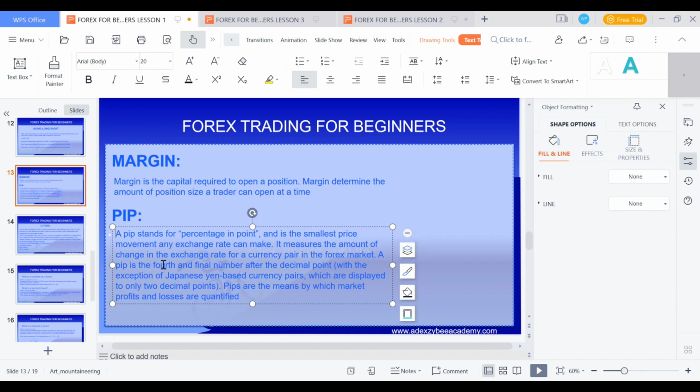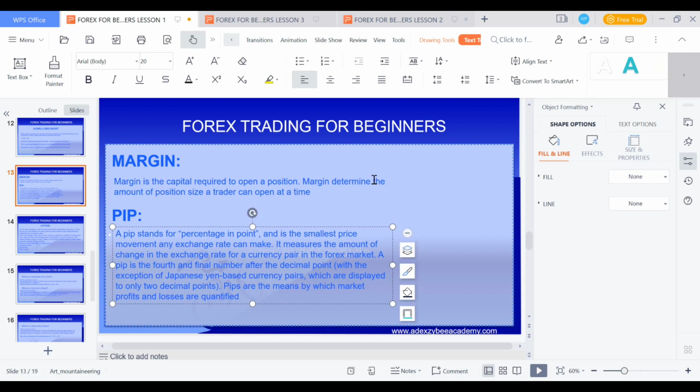A PIP is the fourth and final number after the decimal point, with the exception of Japanese yen-based currency pairs, which are displayed to two decimal places. I will explain all of this. PIPs are the means by which market profits and losses are quantified.